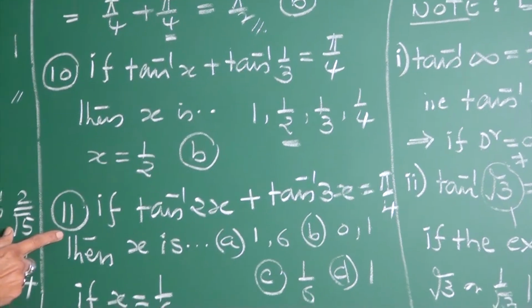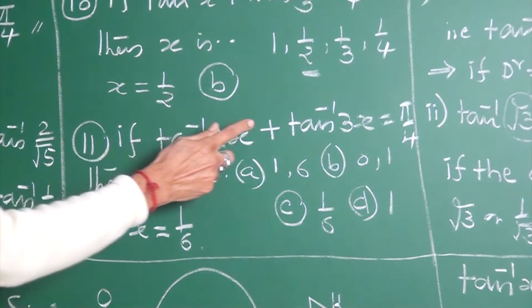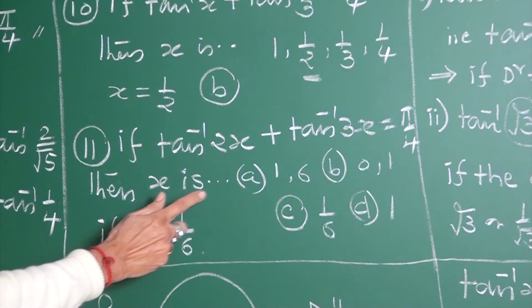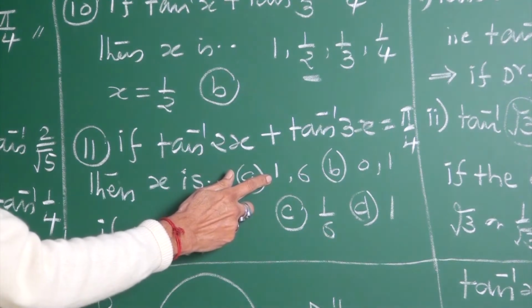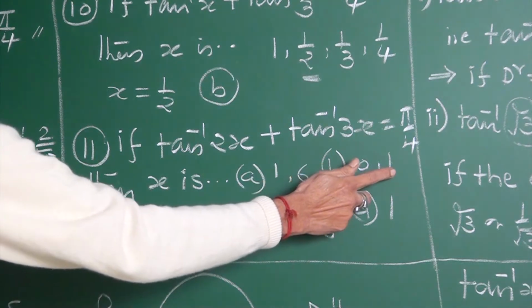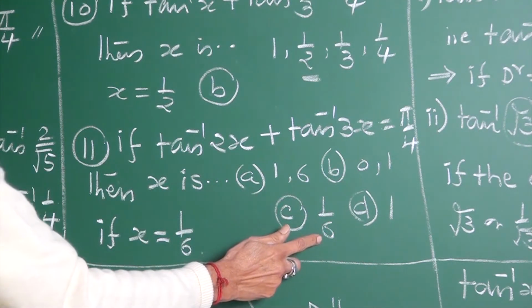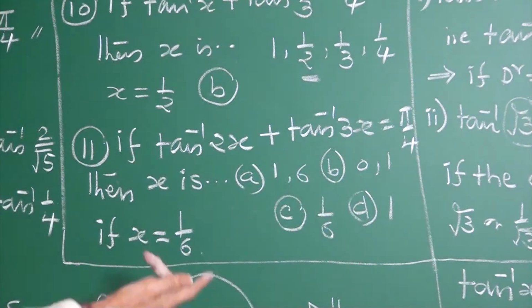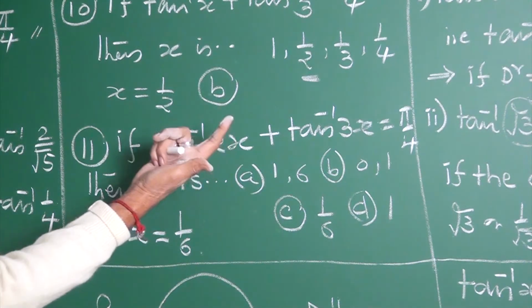Next, my friend. If tan inverse 2x plus tan inverse 3x equal to pi by 4, then x is what? The first option is either 1 or 6. Second option is either 0 or 1. Third option is 1 by 6. Fourth option is 1. If you put x equal to 1, no chance. Why?